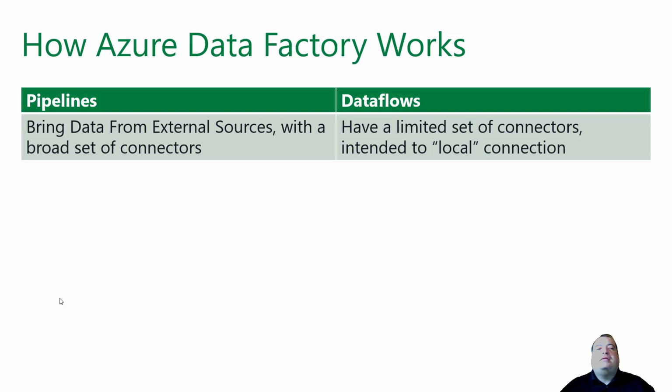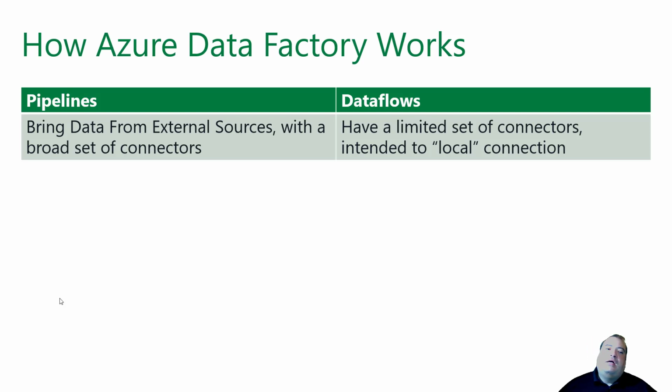So the pipeline is used to bring data from these external sources to inside the data lake. While the data flows are intended to make transformations on the data which is already in the data lake, already considered to be local to the data lake.